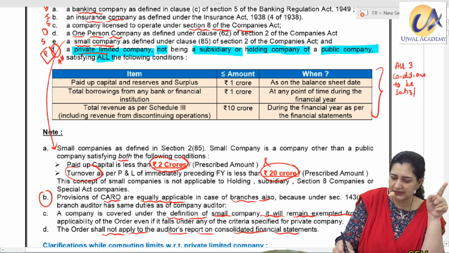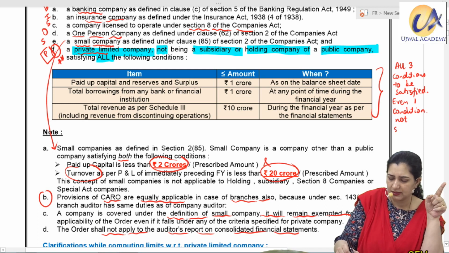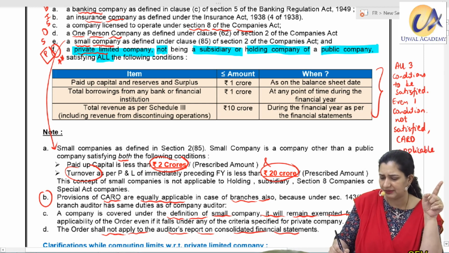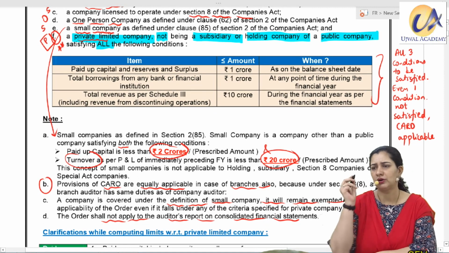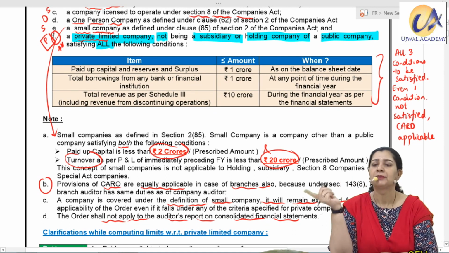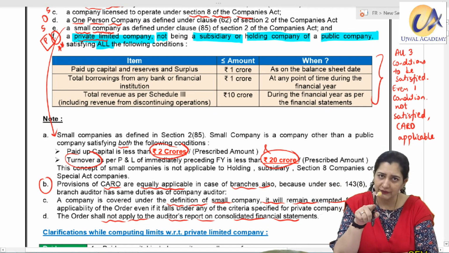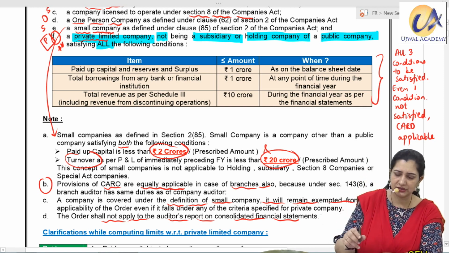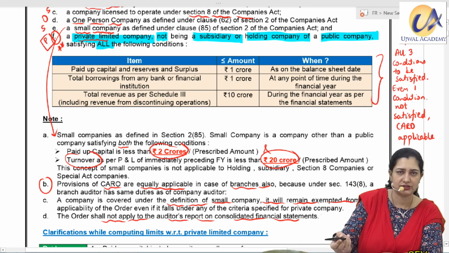In simple words, even if one condition is not satisfied, CARO is applicable. CARO is applicable means what? You have to report on 21 points of that private company. That's it. Company auditor, you have to report on 21 extra points if any of these conditions are not fulfilled. Okay. These 3 conditions plus one condition already we attached.